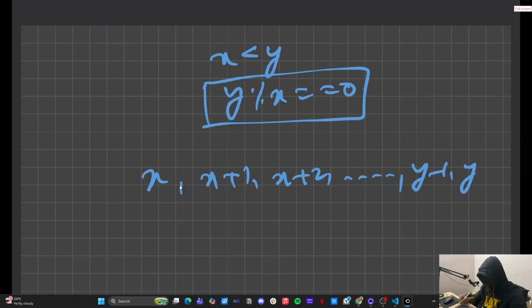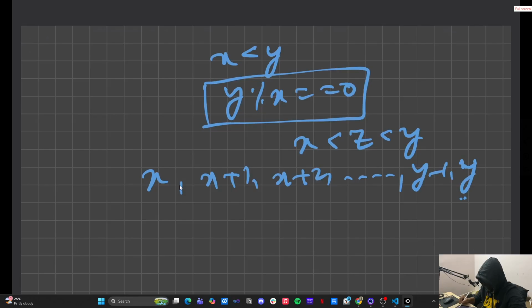So what I'll try to do is, you have to find a number in between. They have said you have to find a number in between x and y. So you cannot take z as either y or x. That's the reason I'll try to go from the back side, or you can do it from the front side also, but I'll do it from the back side.